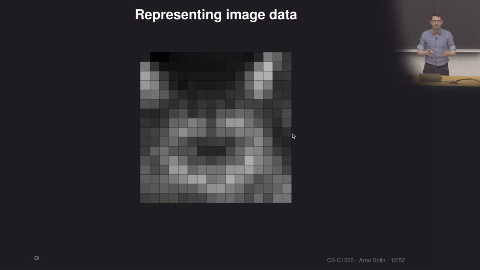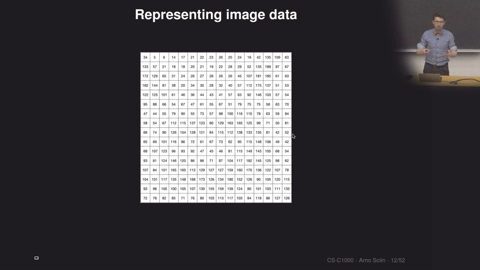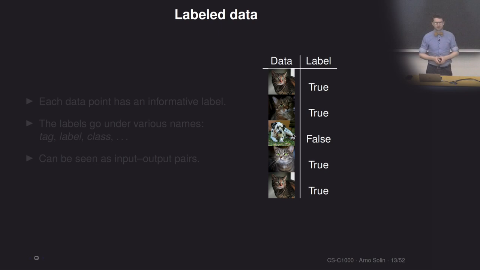So basically, it's a grid of grayscale values, or it could be color values, and we assign a number for each color, and then we store that as a big table of numbers. So now we are again in the realm of stuff that can be easily stored in the computer memory. This is a bit simplified, but it takes you pretty far.